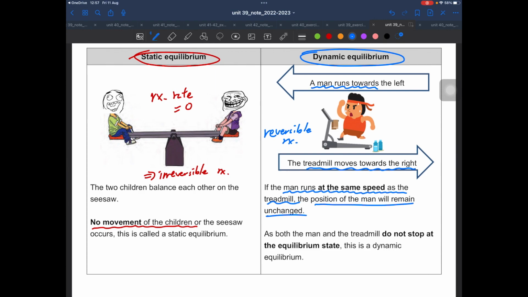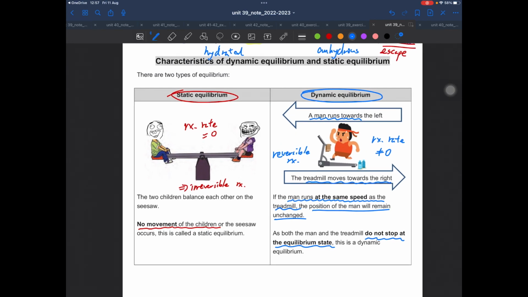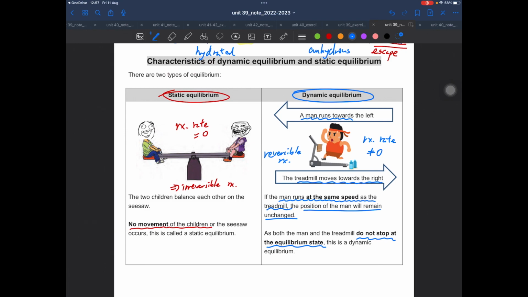So you can see the typical feature here is that the reaction rate cannot equal 0. This is called dynamic. Another typical example of dynamic equilibrium is the money in your pocket, right?